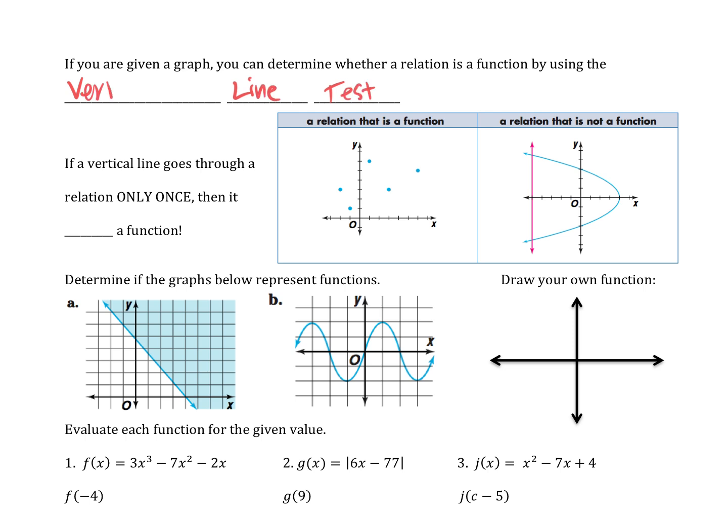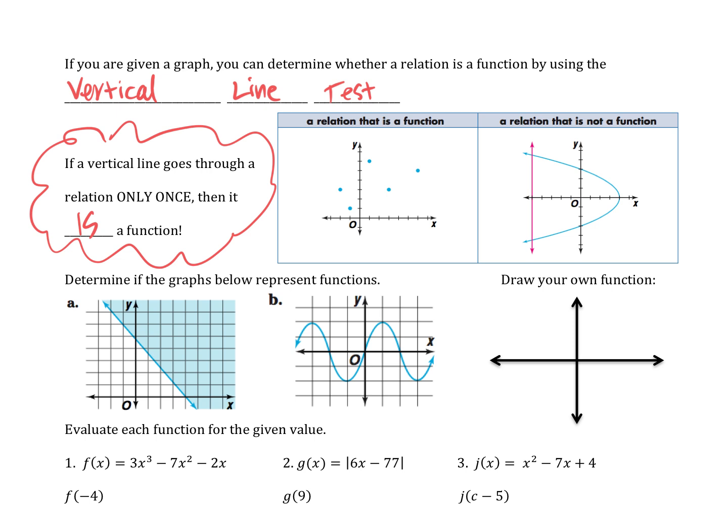Yes, there you go, Sierra. And what the heck does a vertical line test mean? If a vertical line goes through a function once, then it is or is not a function? If a vertical line only goes through it once, then it is a function.